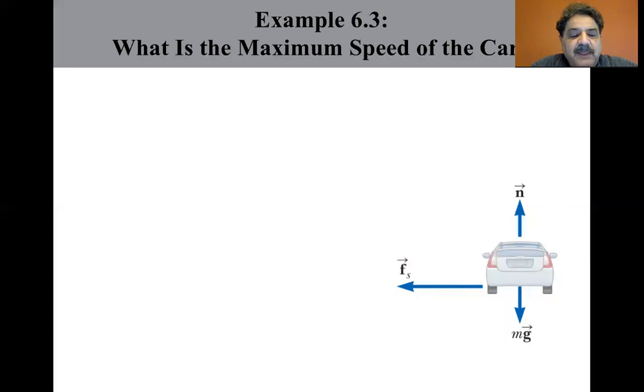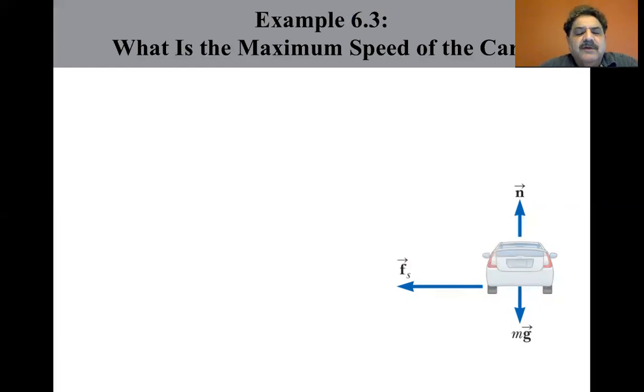The maximum speed Vmax the car can have around the curve is the speed at which it is on the verge of skidding outward. At this point, the friction force has a maximum value. The static friction max is equal to mu sub s times n, mu sub s being the coefficient of static friction and n being the normal.